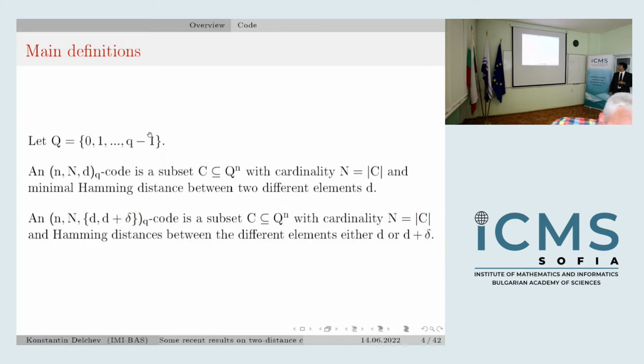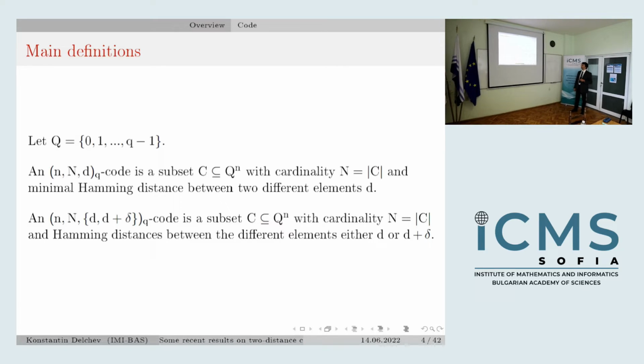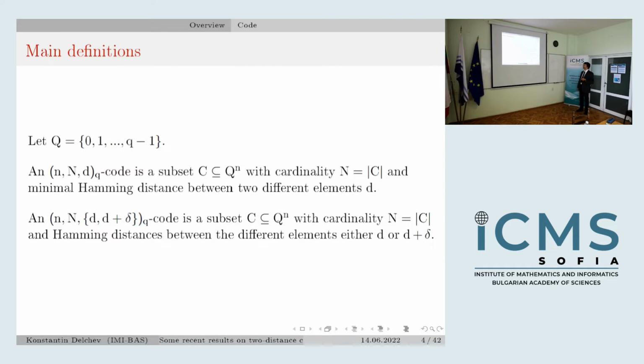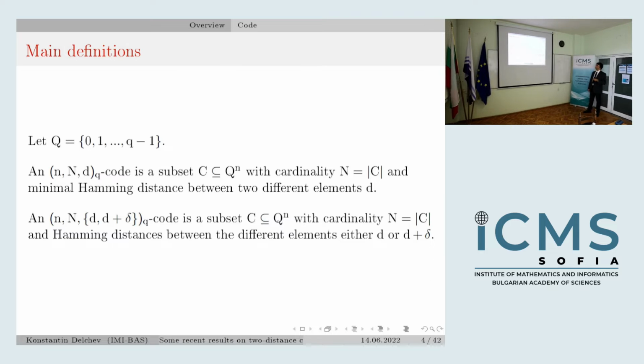Okay. But generally we will proceed with this type of notation for the codes. Here we will write the two distances d and d plus delta. And again, it's a set in Q^n with cardinality M, and distances which are either d or d plus delta.